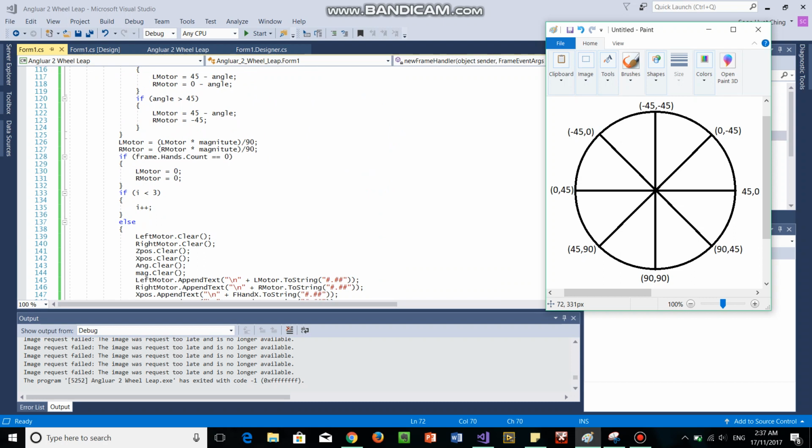And after all these calculations are done, we'll move on to the left motor and right motor. In order for the left motor and right motor to have these values and also be adjustable to the different magnitudes, so that if the hand is placed closer to the edge here, the motor will move faster, and if the hand is placed closer to the center, it will move slower, we'll be using the left motor multiplied by the magnitude and dividing everything by 90.